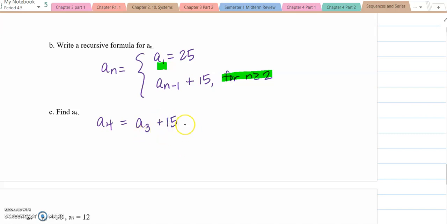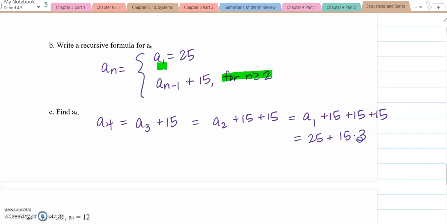But a sub 3 needs a sub 2. And a sub 2 needs a sub 1. So this ends up being 25 plus 15 times 3, and that transitions us back into the explicit formula. So 25 plus 45 is 70.